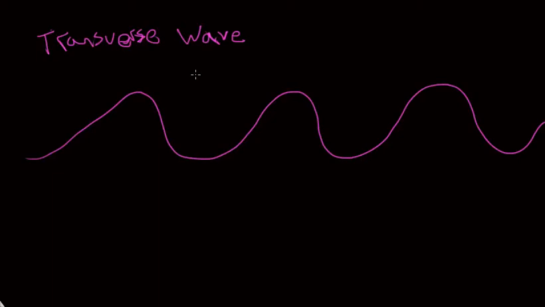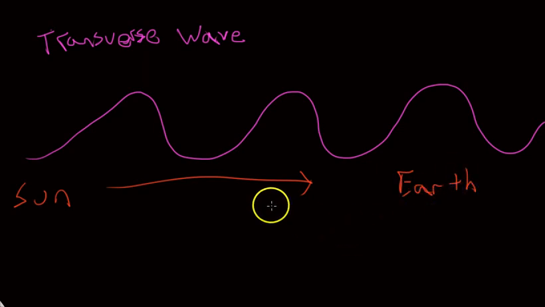Let me read from the book. Whenever the motion of the medium, I apologize, is at right angles to the direction in which the wave travels, the wave is transverse. So let's just say the wave is traveling this way. Okay, maybe it's traveling from the sun to the Earth. So this is a light wave, and that's the direction of the wave.